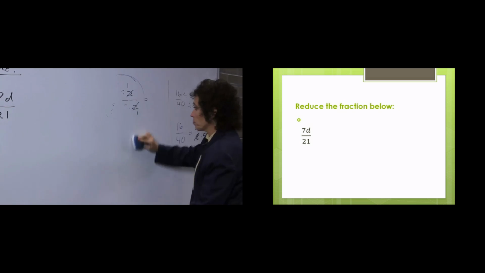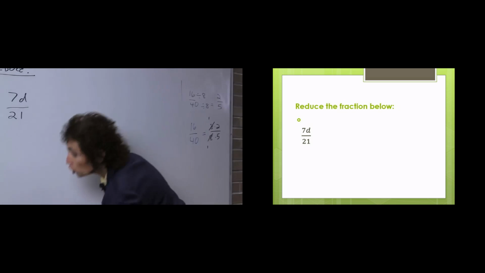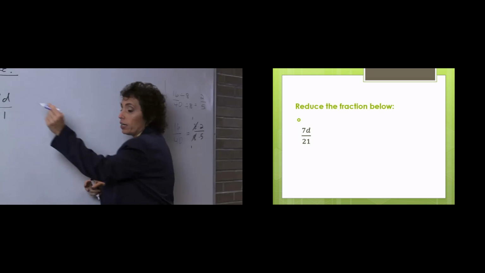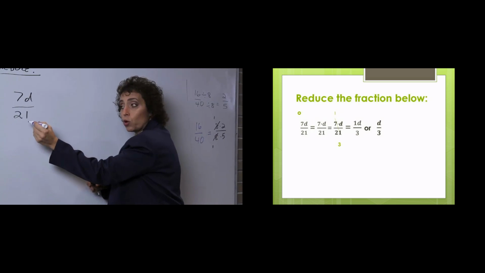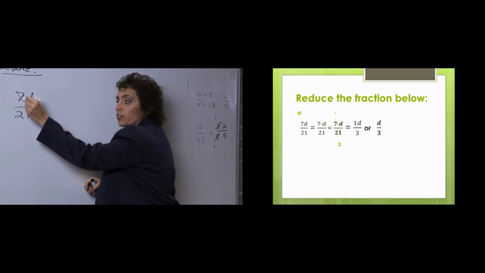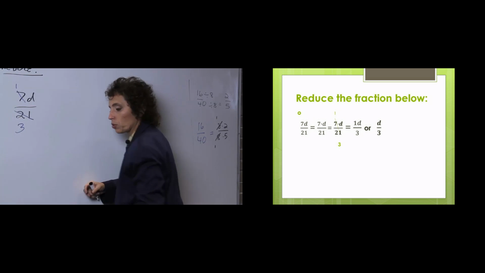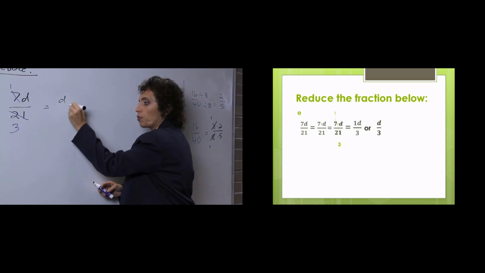I'm going to start reducing this way instead of showing every single step. Watch. And you can slow me down if you think you need me to. We're going to pick a number that goes into both 7 and 21. The biggest number is 7. 7 goes into 7 once. 7 goes into 21 3 times. My answer is 1D, or just D, over 3.